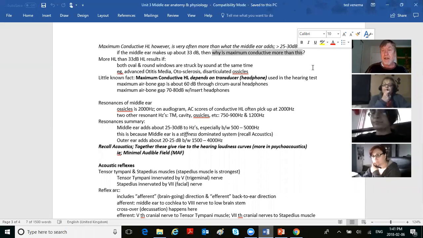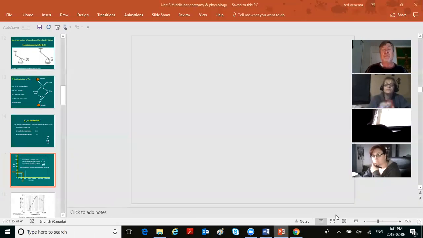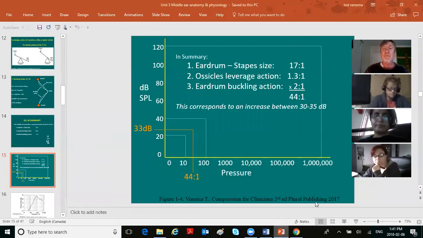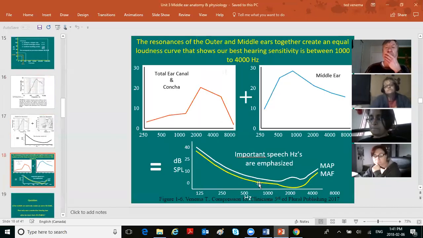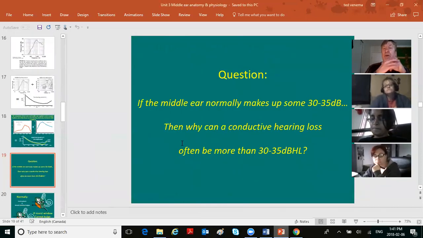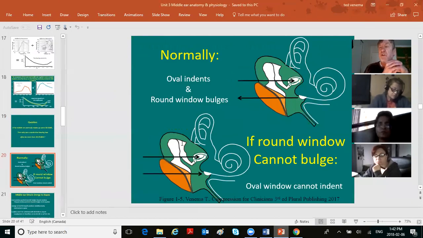And here's why. Something to consider. Okay? Here you go. If the middle ear normally makes up some 30 to 35 decibels, then why can a conductive hearing loss be more than this? Here's why.